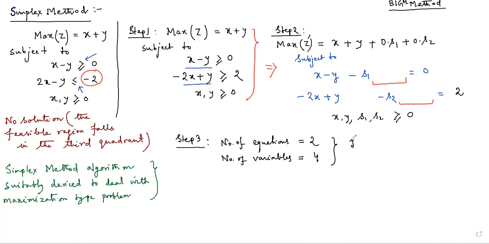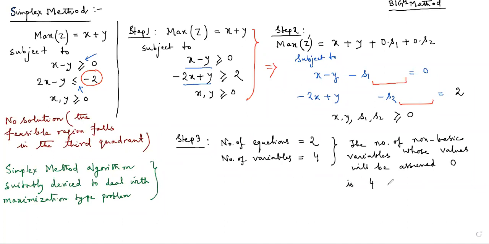So the number of non-basic variables whose values will be assumed 0 is 4 minus 2, that is 2.